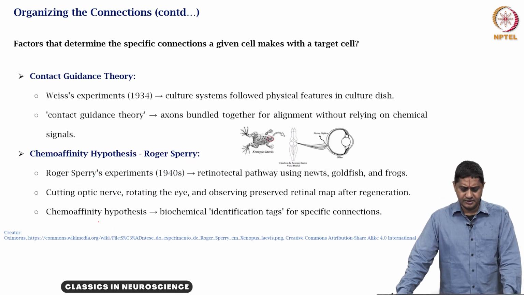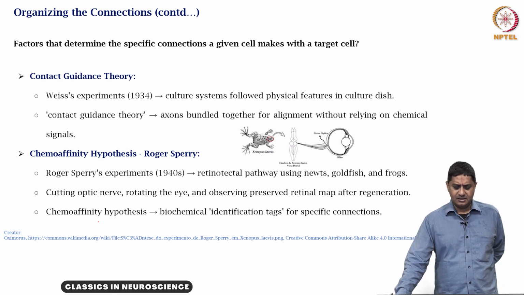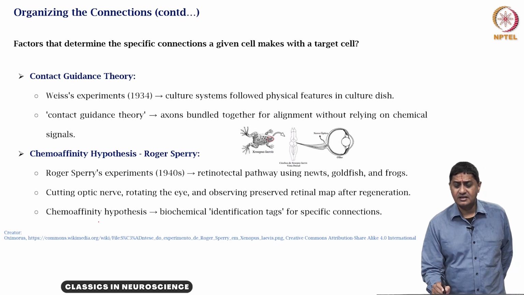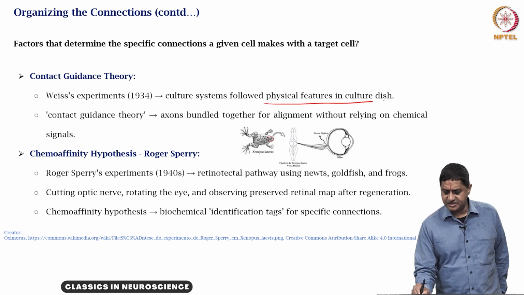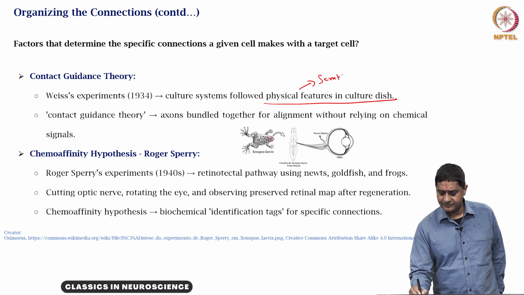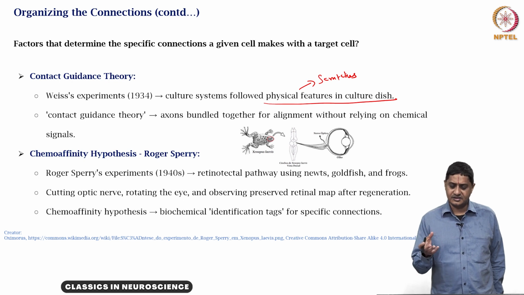Paul Weiss continued this line of questions, and he found that in some culture systems, growth appeared to follow physical features of the culture dish. For example, scratches in the culture dish were followed in the growing specimens.